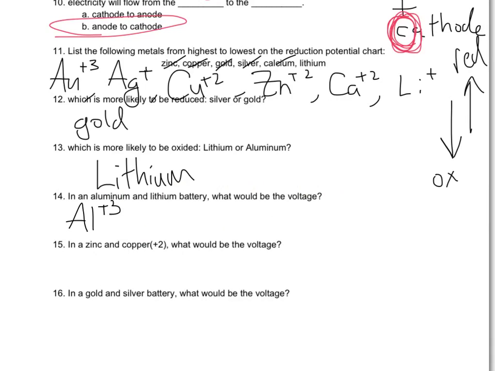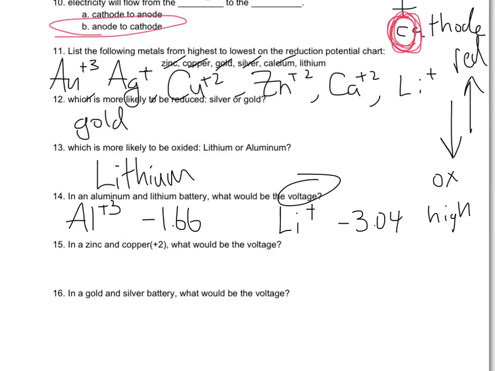That's just the number of electrons it'll give away or take in, is -1.66. Okay, and that's highest. And the lowest is lithium, Li+, and that is -3.04. And so remember, to find the voltage, we do high minus low.